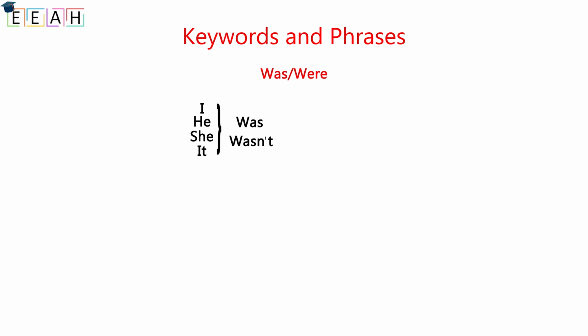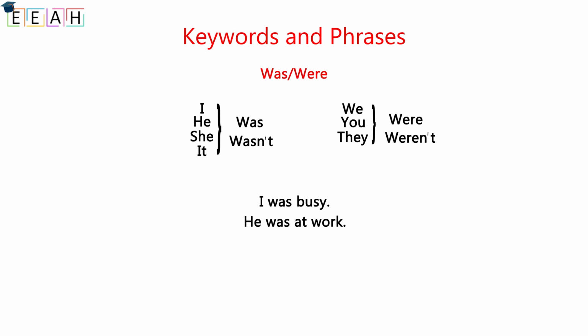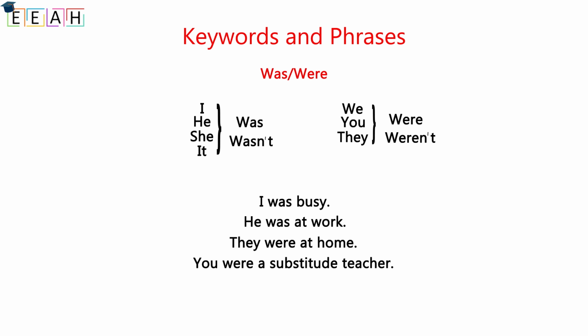When you want to form sentences with plural ones, we, you, they, you continue with were or weren't. I was busy. He was at work. They were at home. You were a substitute teacher.